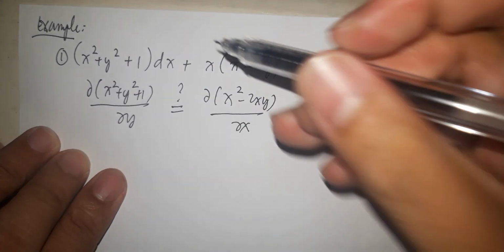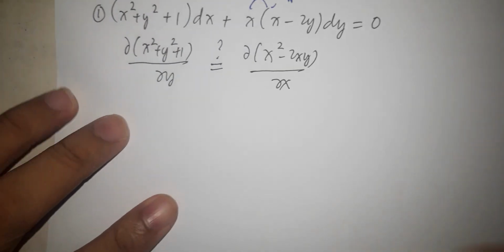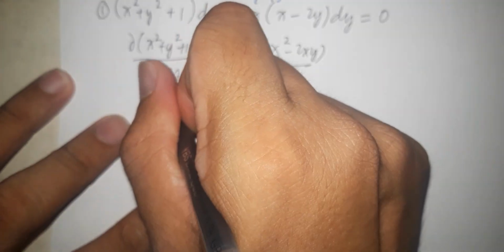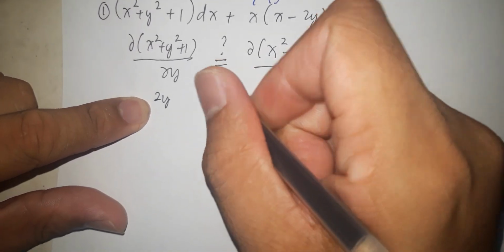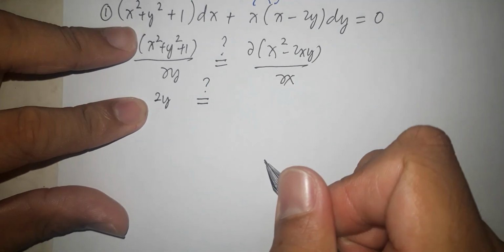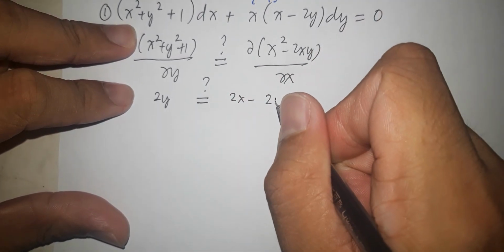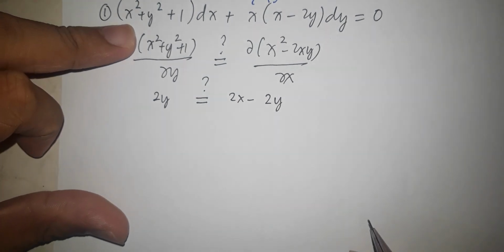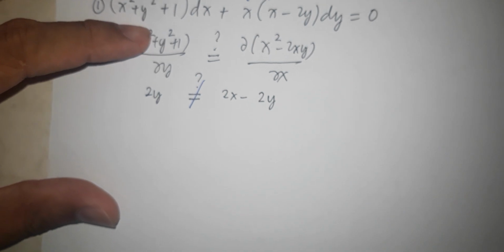So, dinistribute na natin to. So, taking the partial derivative, that gives you 2y. Derivative of x squared is 0. This is 2y. Derivative of 1 is 0. Must be equal daw to 2x minus 2y. So, obviously, it is not exact.